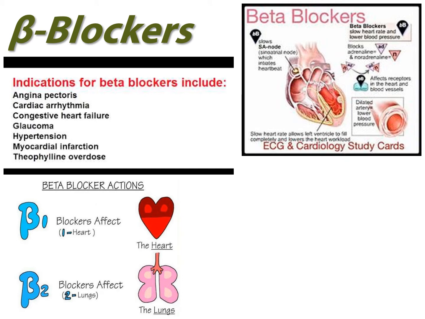Beta 1 specific blockers are going to be the ones that affect the heart. That's because the highest proportion of beta adrenergic receptors is found in myocardial tissue. Beta 2, on the other hand, is found in the lungs. And so that gets us to the theophylline overdose.